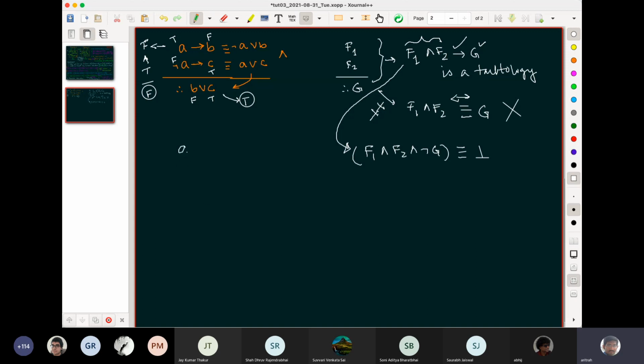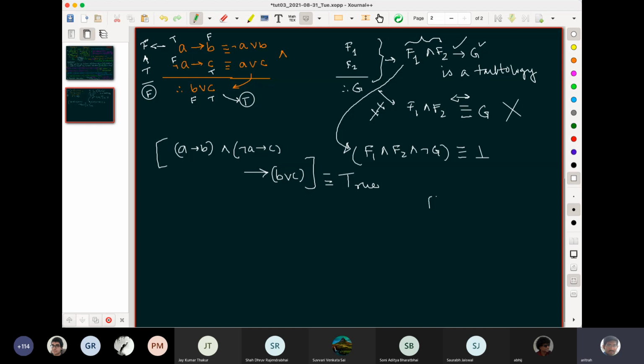So which actually says that this and this imply B or C. The whole thing is a tautology. Sir, can't we say that F1 and F2 and G is a tautology? No, never. You cannot say that. F1, F2 and G is a stronger condition than this one.